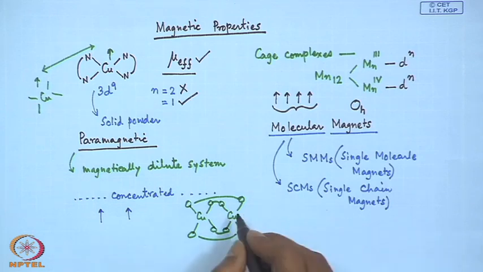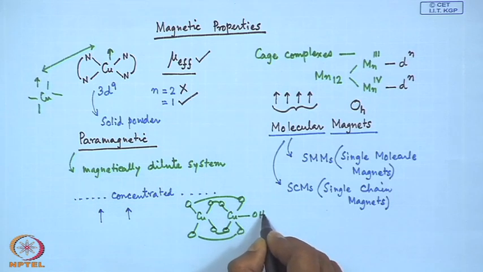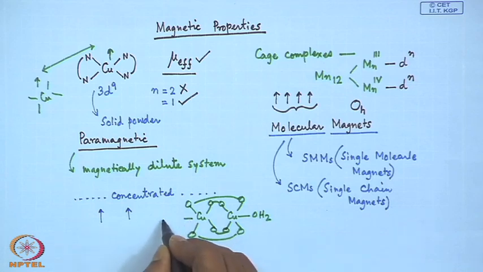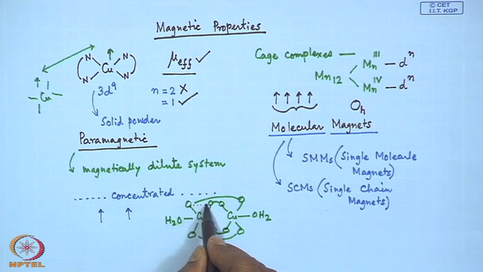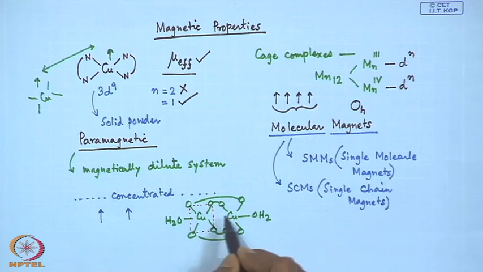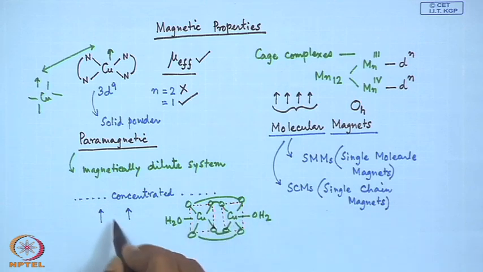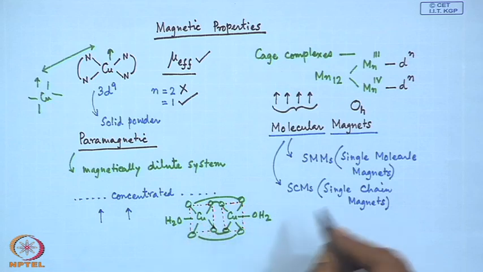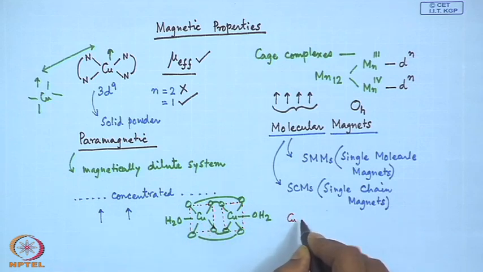Four acetate groups are attaching like this, and the individual copper centers are in square pyramidal geometry. So, this is the corresponding square pyramidal geometry, and so we find that individual magnetic orbitals on one copper center are interacting with the second one.